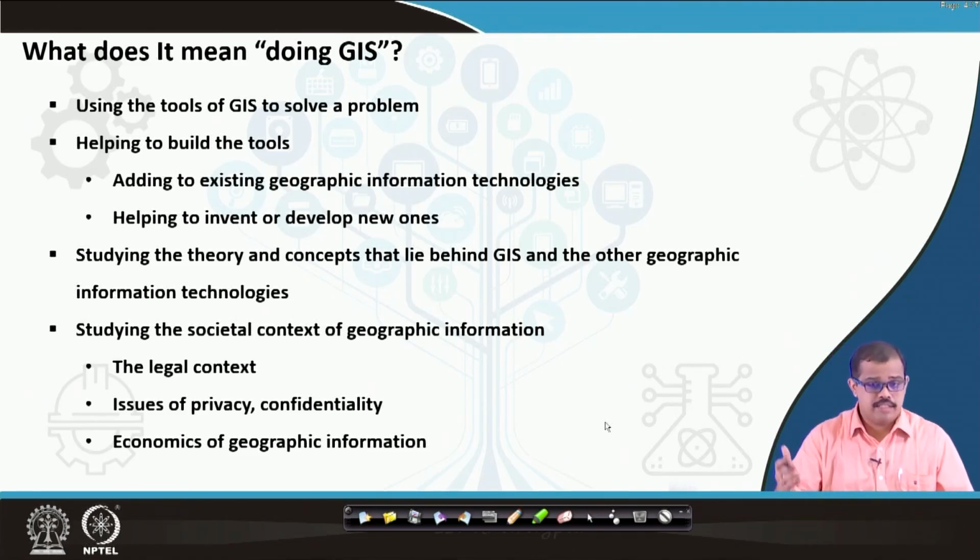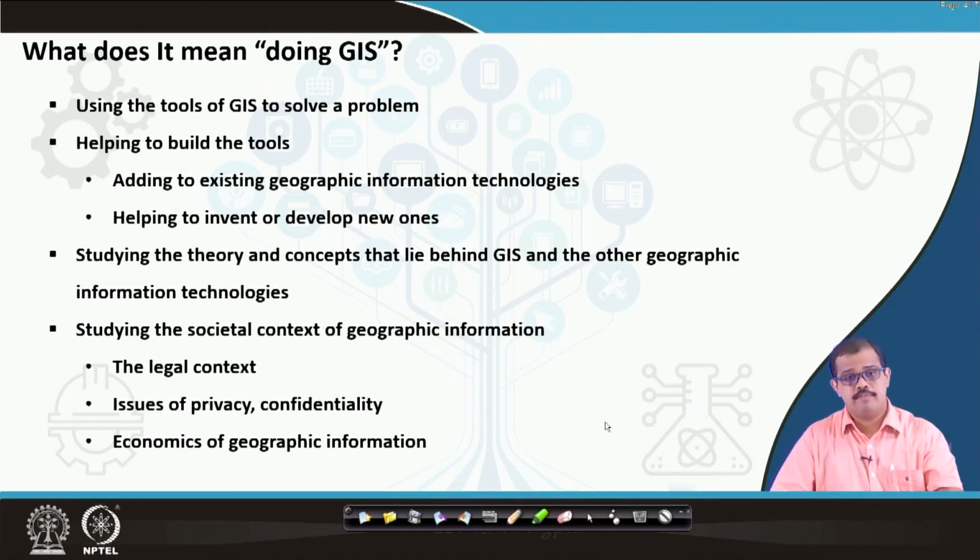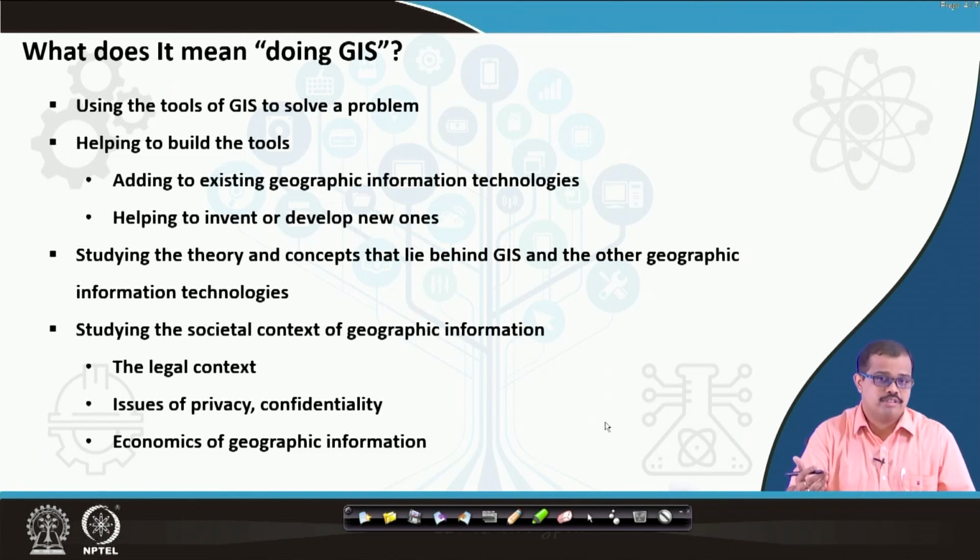For example, someone finds that a particular issue has not been addressed in research over a period of time. With research output you can develop a new tool, and then it becomes a contribution. If it is open source, it becomes a contribution to many, where people can use it over a period of time.